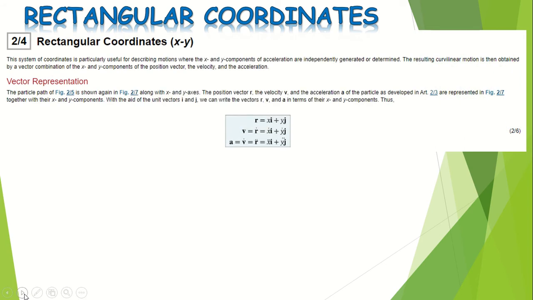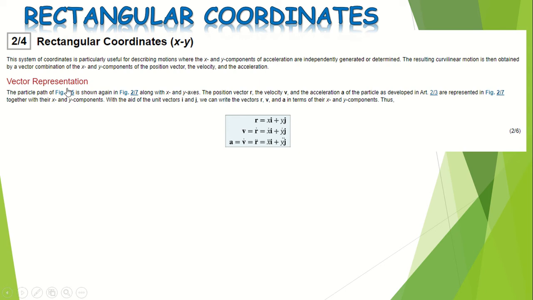Rectangular coordinates, or the x and y coordinates, are particularly useful for describing motions where the x and y components of acceleration are independently generated or determined. The resulting curvilinear motion is then obtained by a vector combination of the x and y components of the position vector, the velocity, and the acceleration.